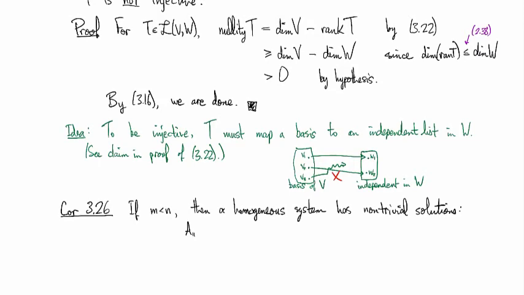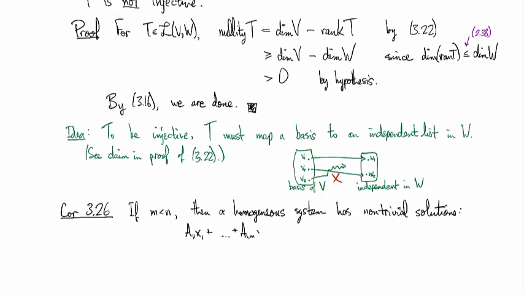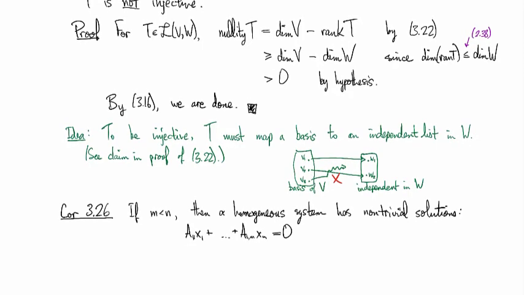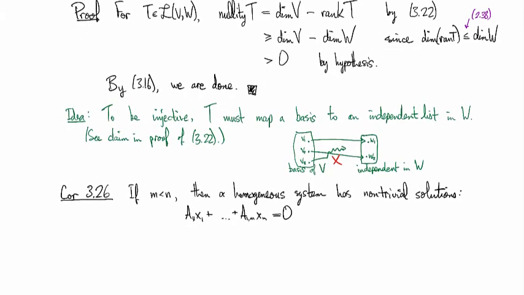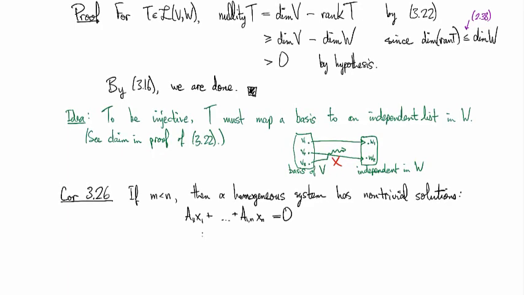And so here the homogeneous system that I'm looking at has m equations in n unknowns. So we'll call it coefficients a11 x1 up through a1n xn, and it's homogeneous, so that has to be equal to 0. So there's our first equation. Excuse me, I put m's instead of n's. n variables. And then there's m equations.